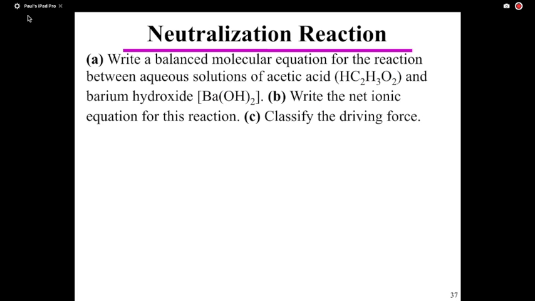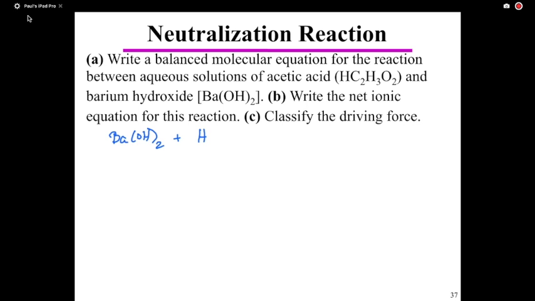This one actually has some answers already on it, but if I react these two things, write a balanced equation, let's do that. Ooh, I don't even have to decide what's going to happen. I don't have to make compounds.